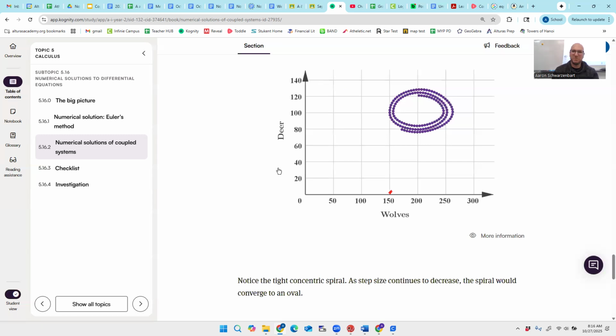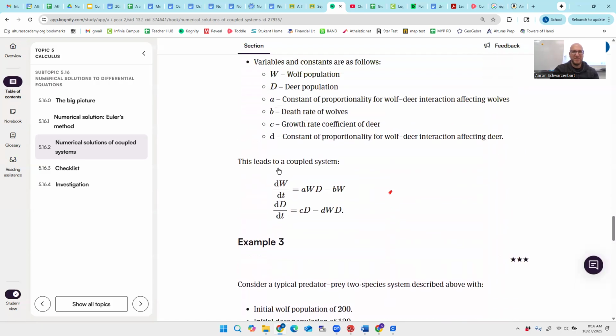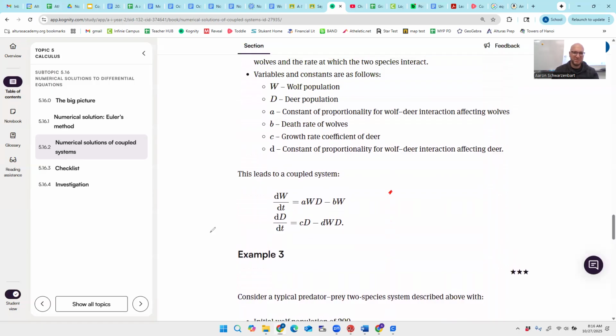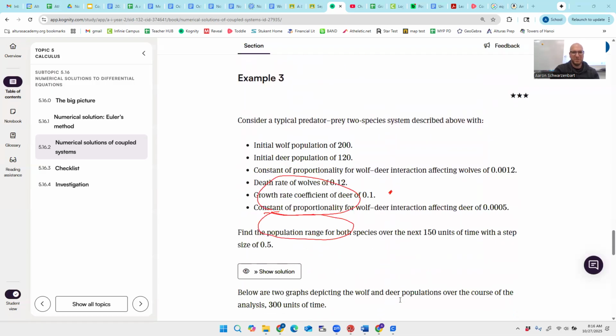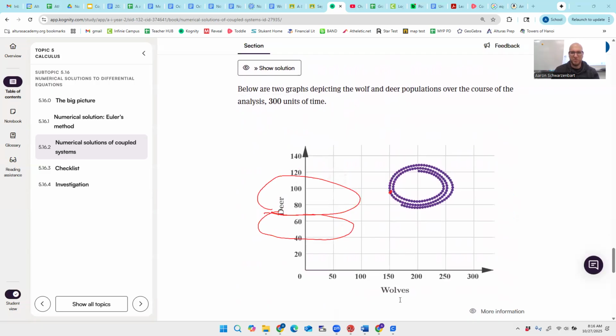This is not a relationship over time. The relationship over time would probably go up and down, and you could graph each of these over time. Does that make sense? What we have here is a relationship of wolves to deer, and I don't know which way it goes, but it basically makes this circle, right?